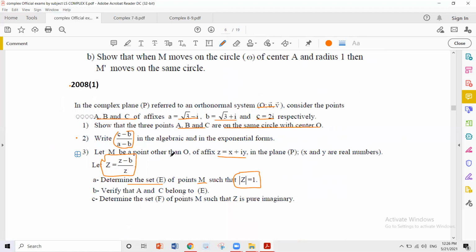Part B. How to verify that A and C belongs to E?